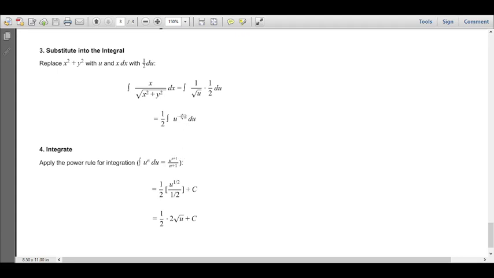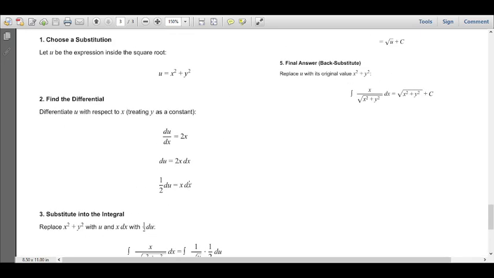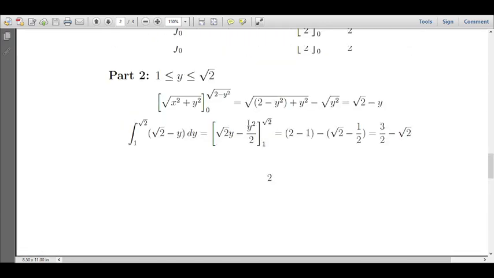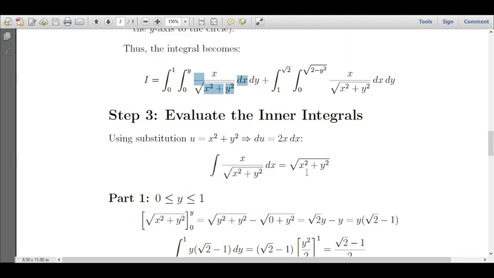Here n equals minus 1 by 2. So this is u power minus 1 by 2 plus 1, by minus 1 by 2 plus 1, which is u power 1 by 2 by 1 by 2. So 1 by 1 by 2 is 2, the 2s cancel, giving root of u plus c. But u equals x square plus y square. So finally the inner integral after integration becomes root of x square plus y square.